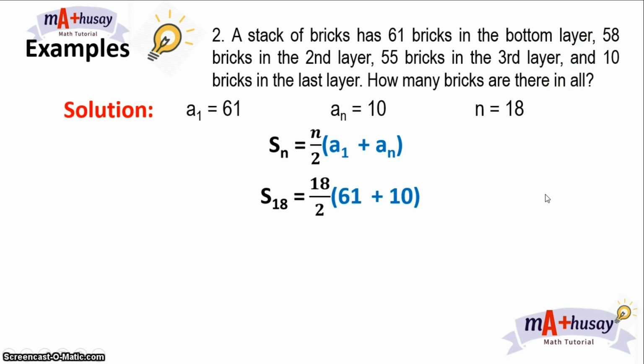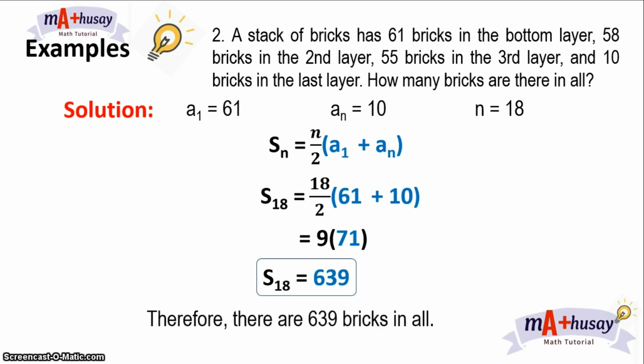So, adding 61 and 10, you have 71. Now, where did we get that 9? 18 divided by 2 is 9, right? So, 9 times 71 will give you 639. So, in this problem, we know that there are 639 bricks in all.